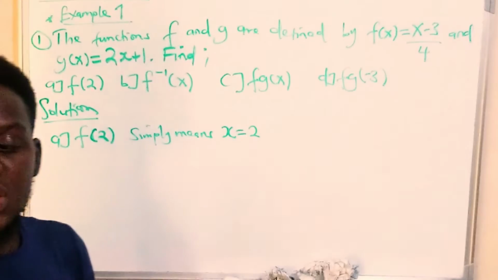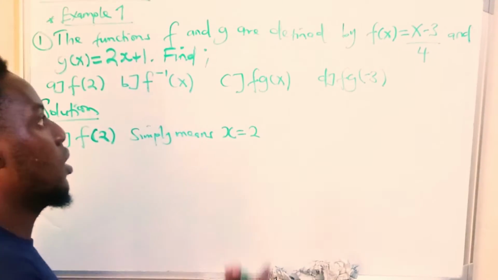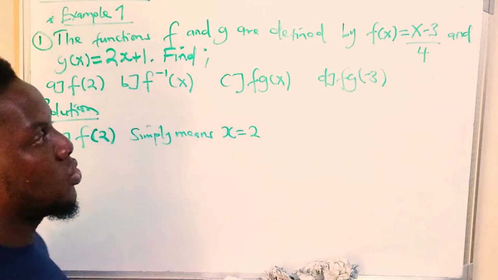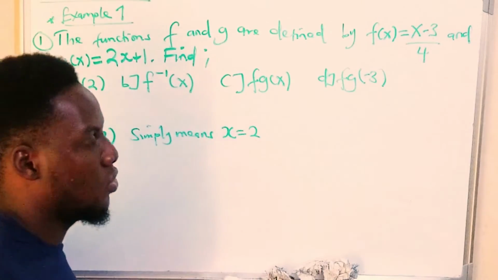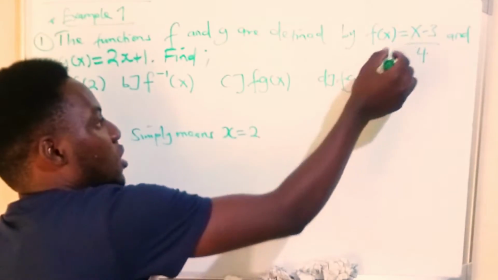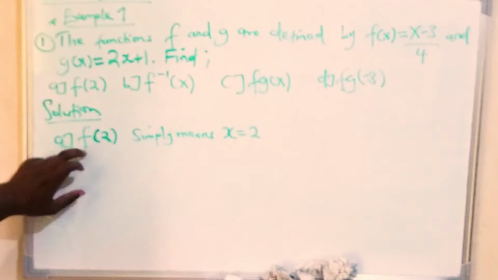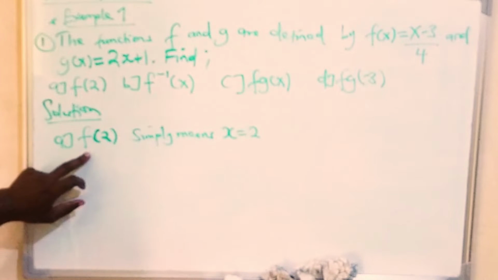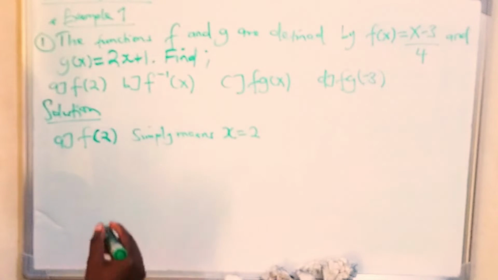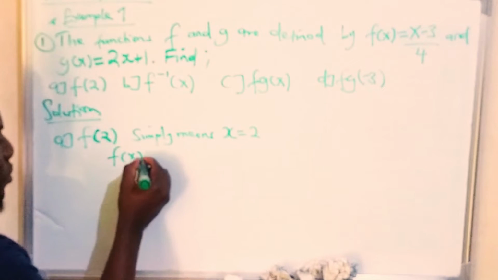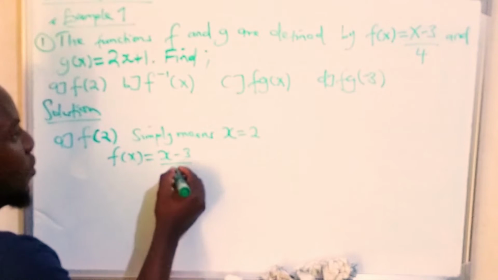And which function are you using here? Is it g of x is equal to 2x plus 1 or f of x is equal to x minus 3 over 4? It's this function that you are using because of the name of the function that they have put there. They have put f there, so we're using f of x is equal to x minus 3 over 4.